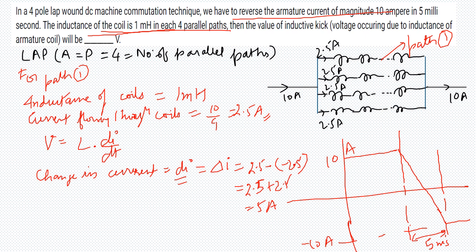Now you have got di, and you know that your dt, or you can call it delta t here, is given as 5 milliseconds. So I can write 5 into 10 power minus 3 second.